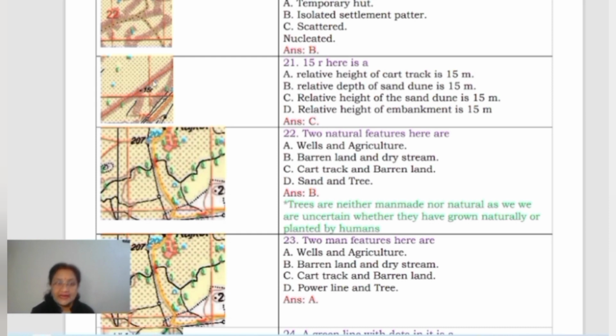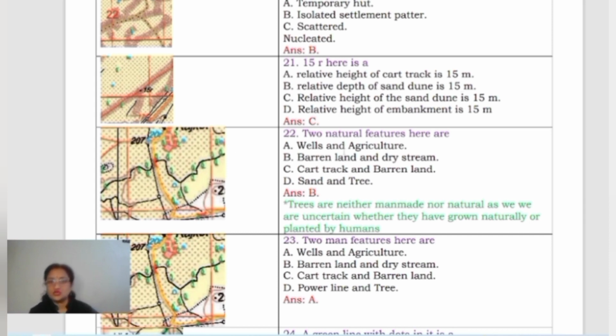Brown colored small dots are indicating the sand dunes. So 15R means the relative height of the sand dune is 15 meters. Again I'm repeating, C option is the correct answer here: the relative height of the sand dune is 15 meters.